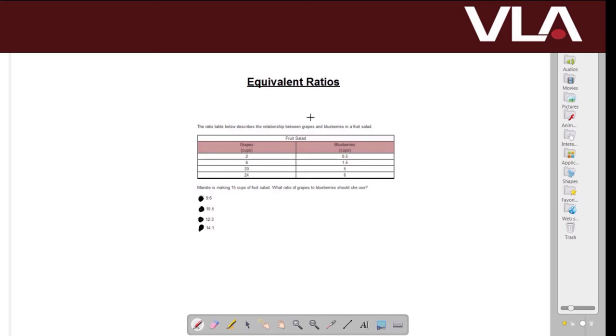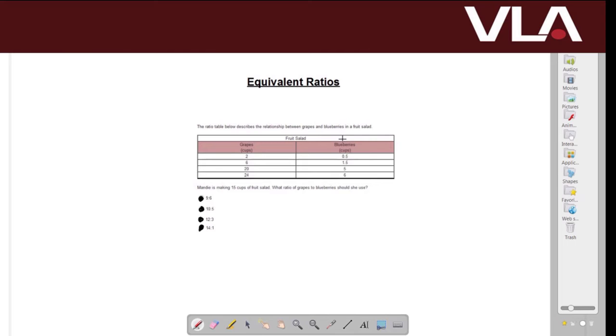The order that they give you is important. Whatever is said first is first in the ratio. So grapes to blueberries would be grapes over blueberries. Looking at this chart, we have 2 to 0.5 blueberries, 6 to 1.5, 20 to 5, and 24 to 6.